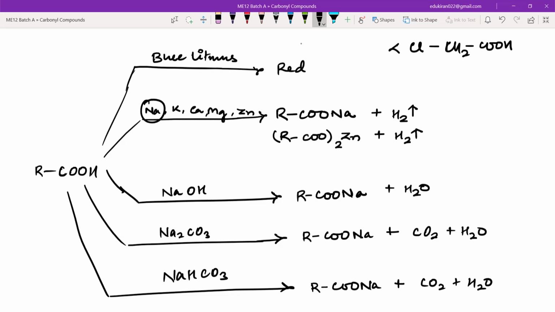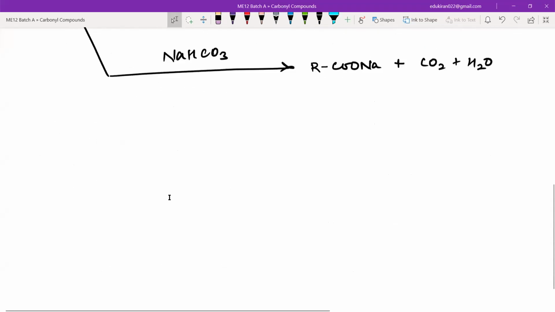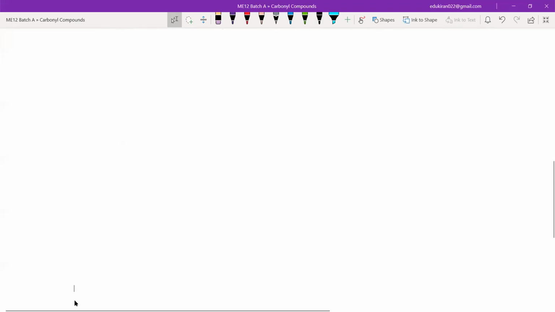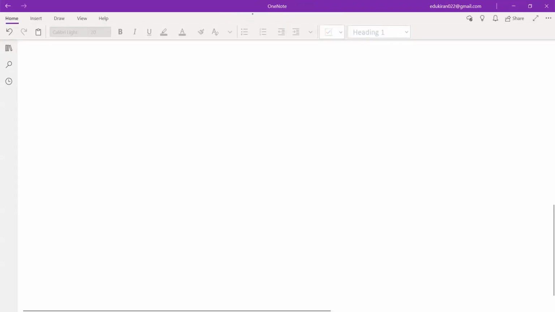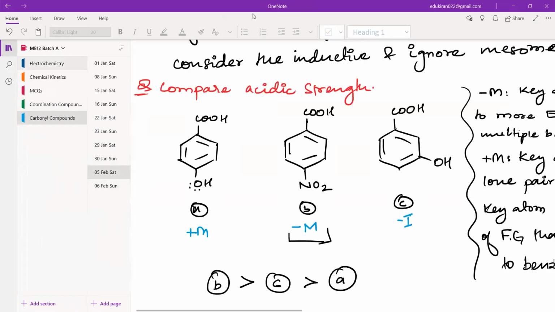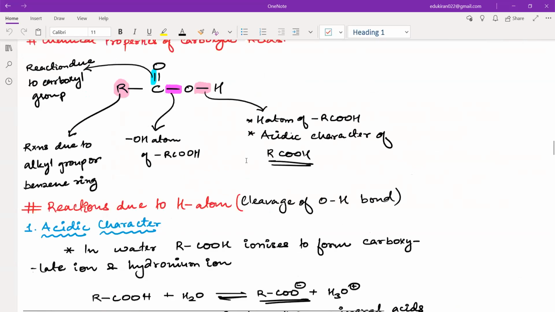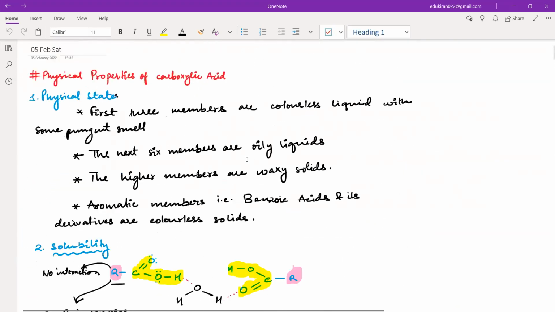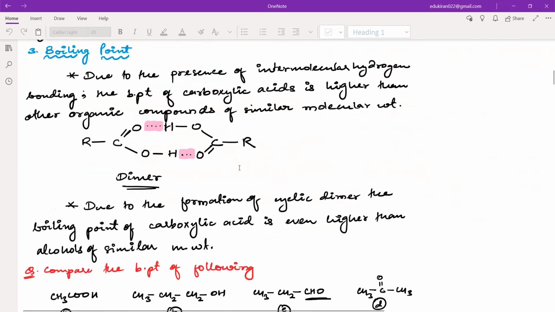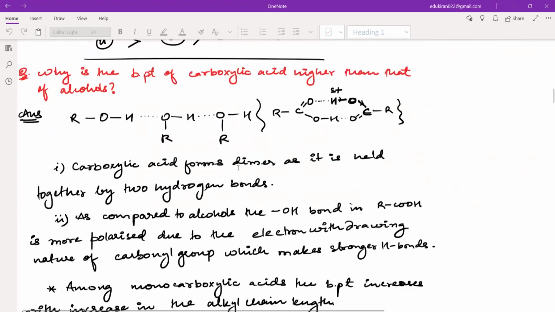Okay. So the next class of reaction that we want to learn about in carboxylic acid is the involvement of the OH bond. We discussed yesterday that there are a few bonds that can be broken. So we are done with the physical properties, boiling point.